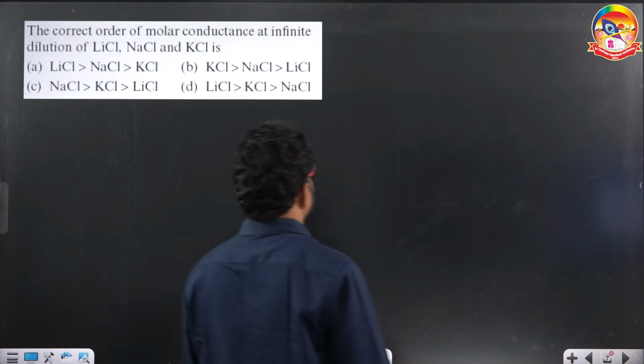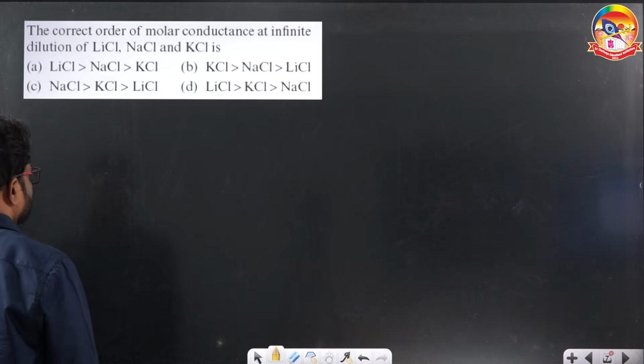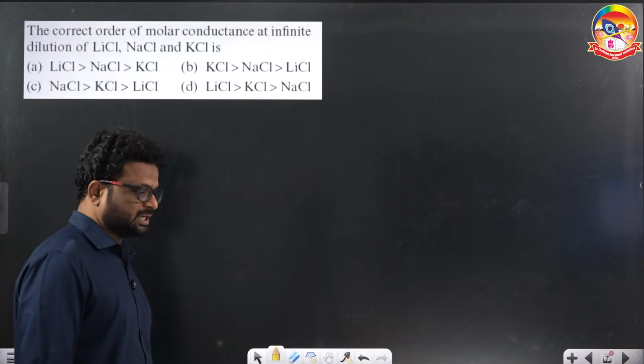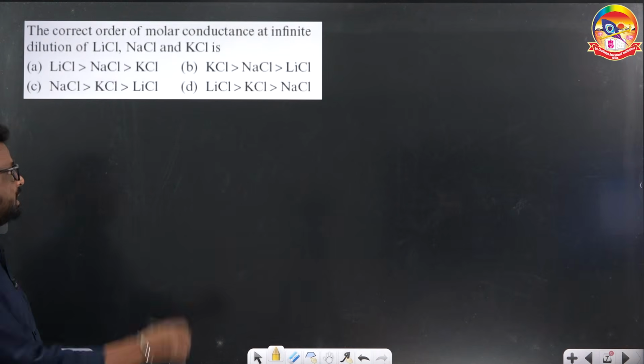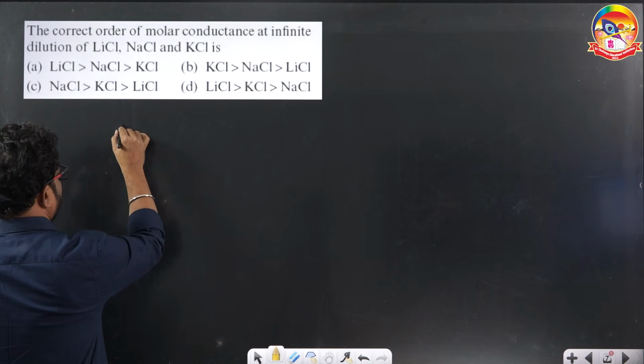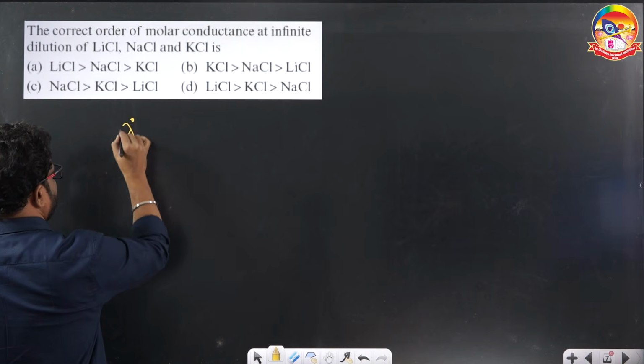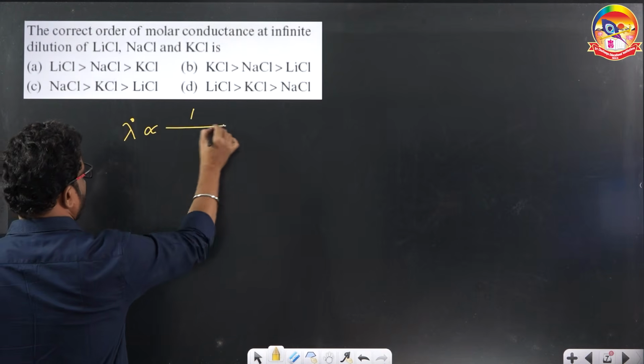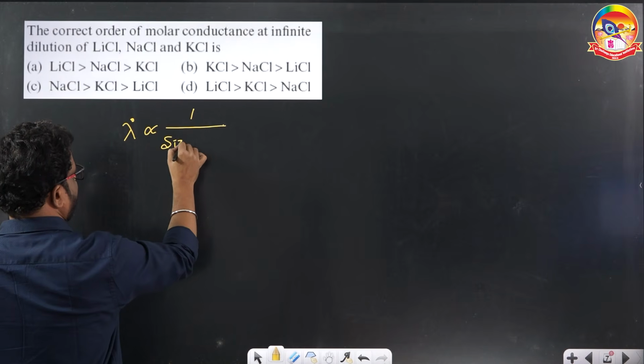Let us see some more questions. This is a theory question related to electrolytic conductance, especially the effect of ionic size on conductance. Ionic conductance lambda naught of an ion is inversely proportional to the size of the hydrated ion.